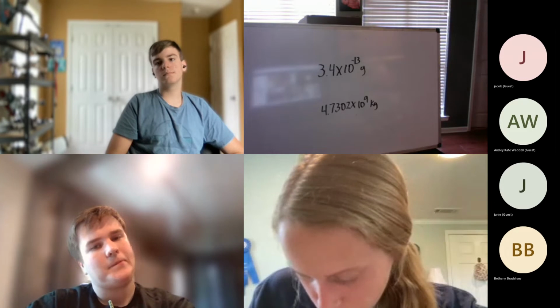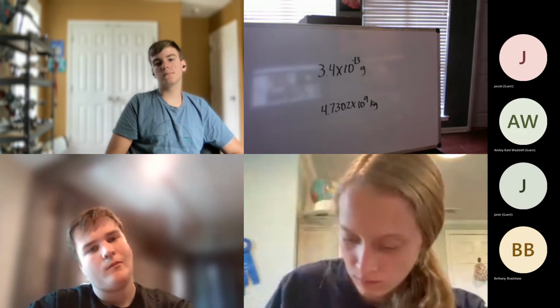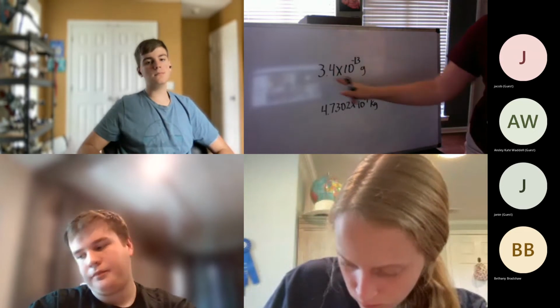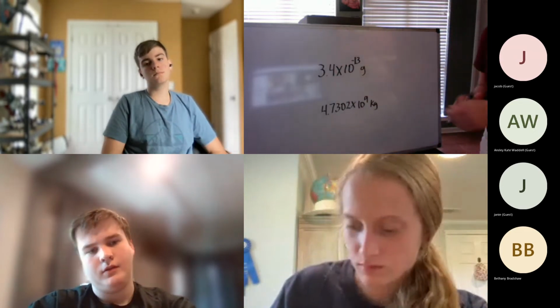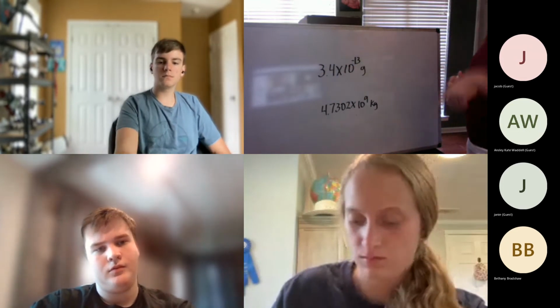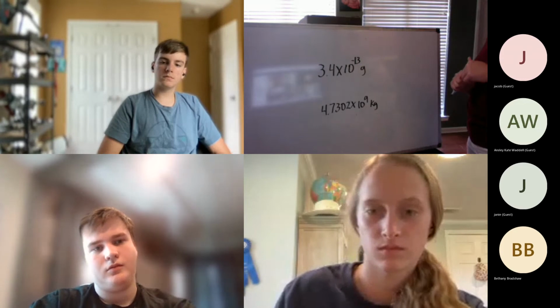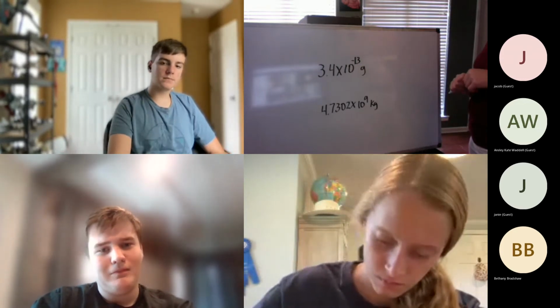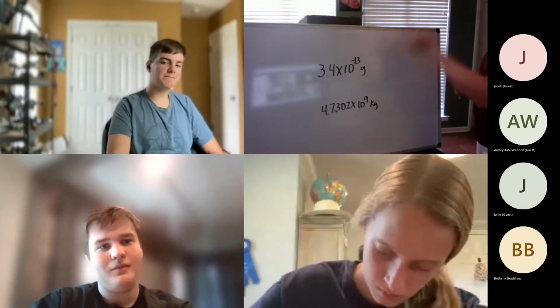Okay, so if we are taking this first one, 3.4 times 10 to the negative 13, just looking at this, is this number really big or is this number really tiny? Really tiny.